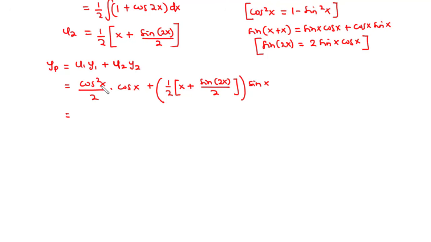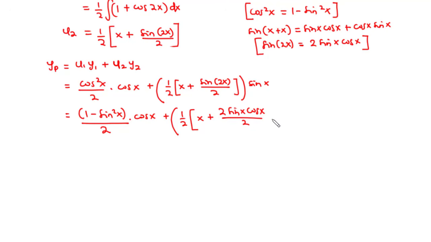So let's plug in the expressions for cos square x and sin 2x in here. For cos square x, we have 1 minus sin square x over 2 times cos x, plus 1 over 2 times, in brackets, x plus 2 sin x cos x over 2, times sin x. Now let's simplify further.